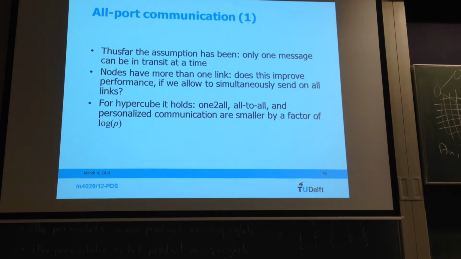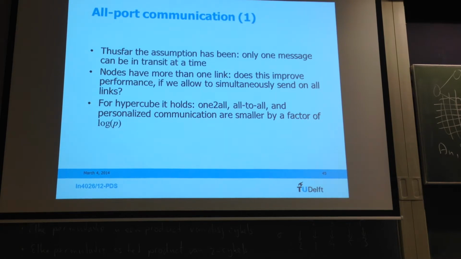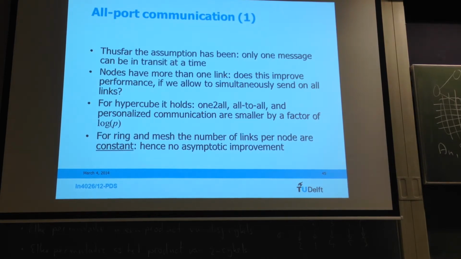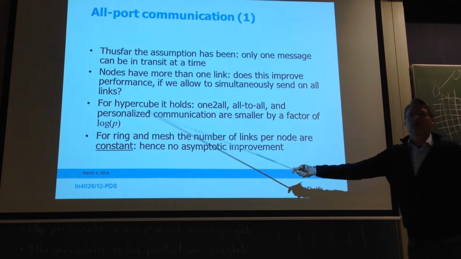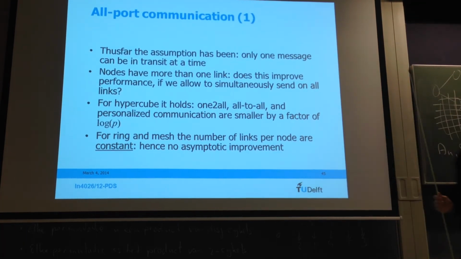For a hypercube, one-to-all, all-to-all, and personalized communication are smaller by a factor of log P, so you can just divide all the expressions by log P. However, for a ring and a mesh, the number of links is constant per node, and there is no asymptotic improvement here. So only for the hypercube do you get this asymptotic improvement, not for the others.